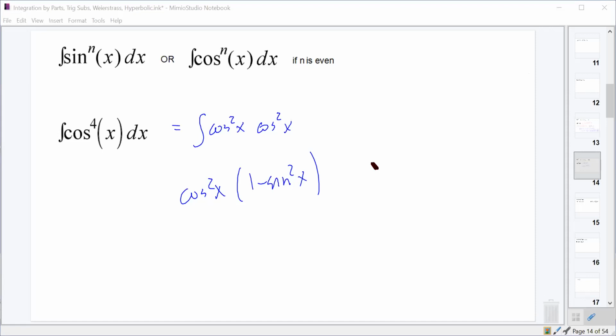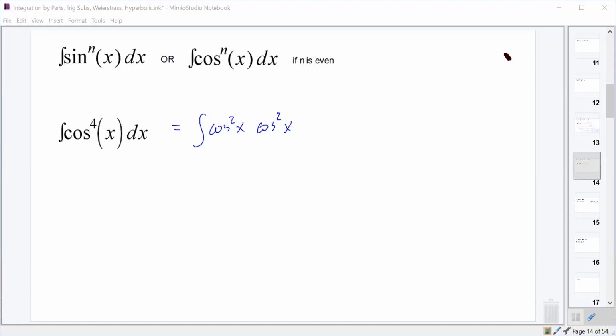So any other thoughts about that? If I were to make it 1 minus sine squared x squared, then there's no cosine if I were to make u equal to sine x. So it's a good idea, Nick, but that's not going to work out either. And yeah, that's correct, Ryan.